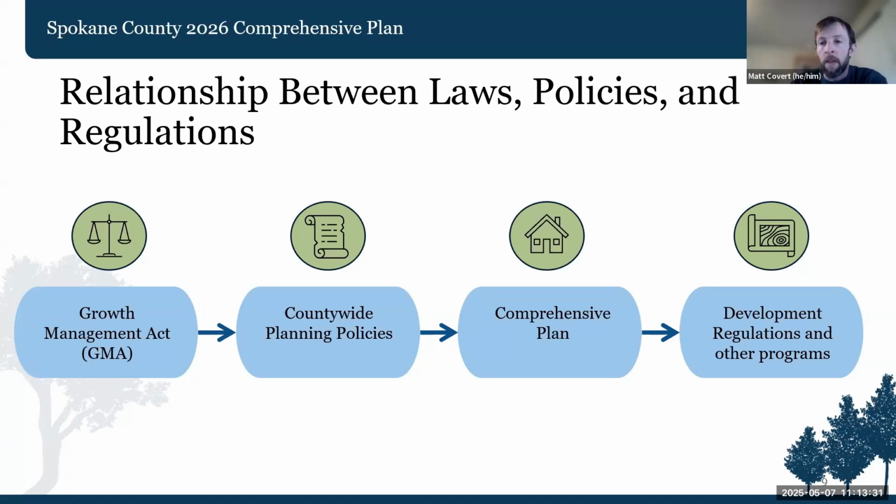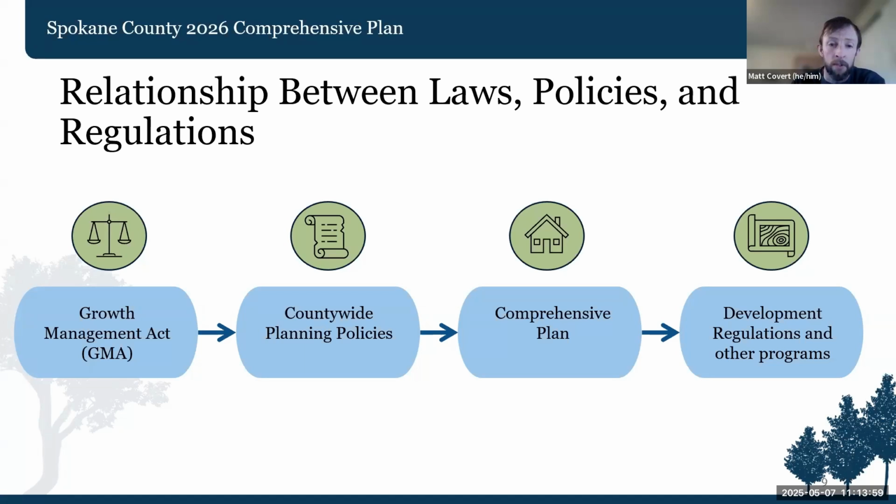other related regulations. It is also implemented through funding decisions, financing decisions for transportation investments, for capital facilities upgrades, and other programs as well, like participating in grant programs with cities, voluntary conservation efforts that can be included as mitigation to protect agricultural land from encroaching development.